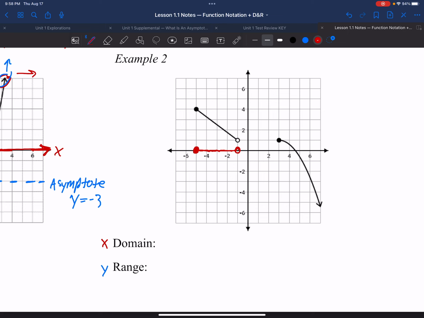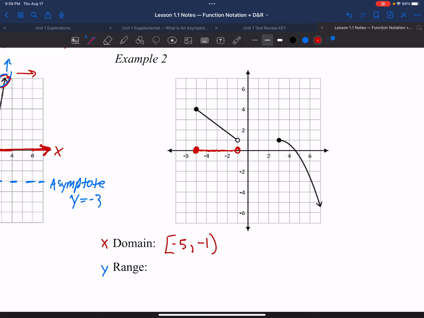The lower bound is at -5, and the upper bound ends at -1. If you pay attention to the filled in versus the open, it's filled in at -5, so it's a bracket, it's inclusive. But it's a hole or open circle at -1, which means parenthesis, not inclusive.